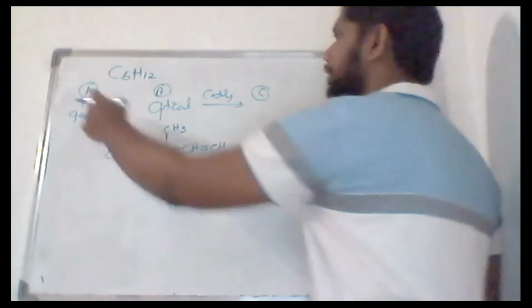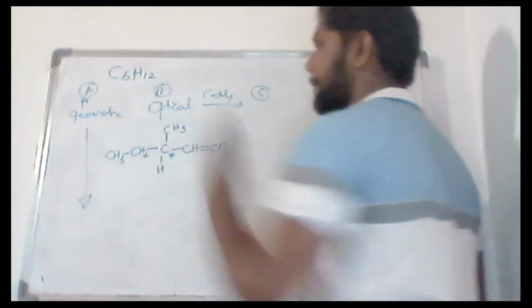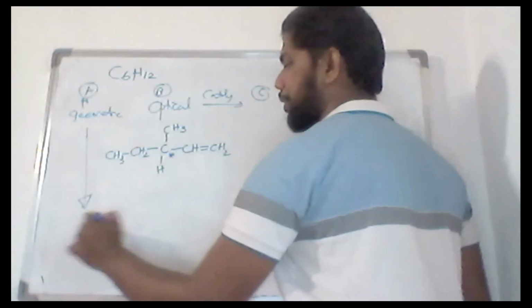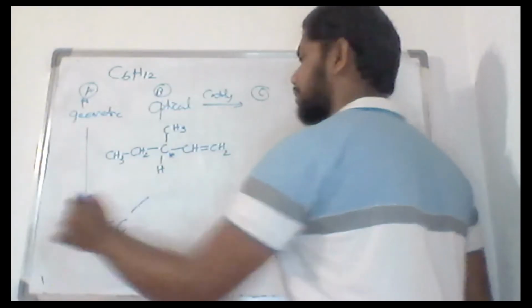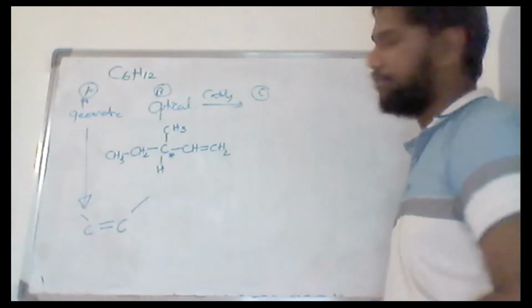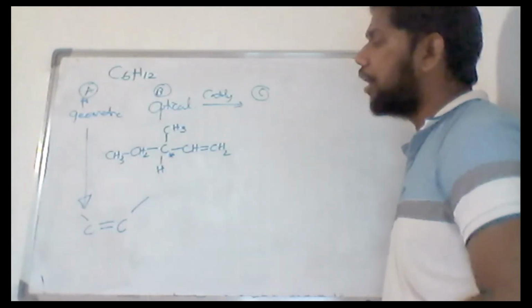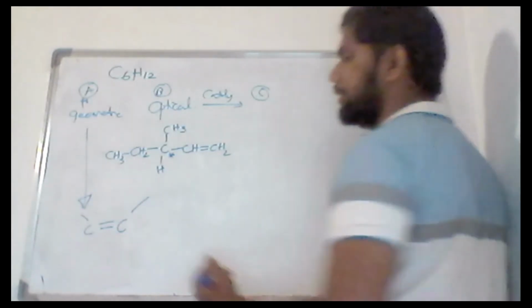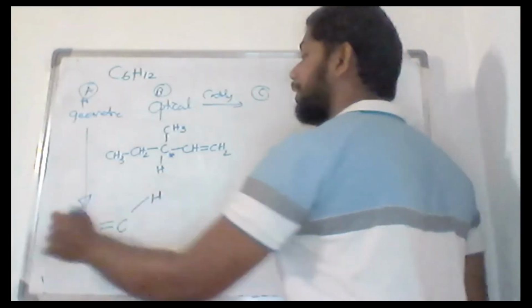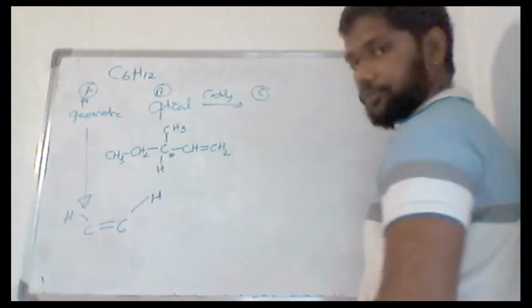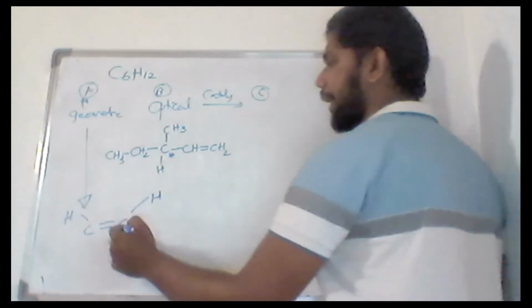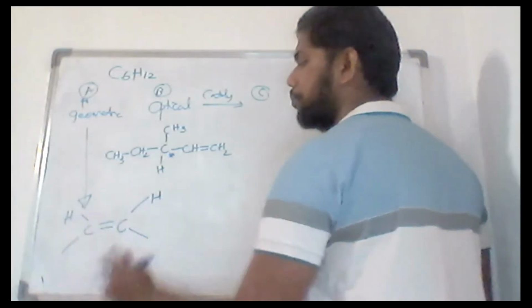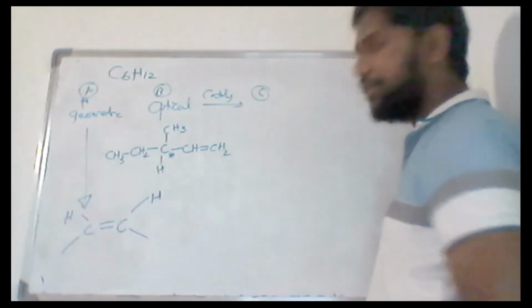And then we will try with the geometrical one. Basically, there should be 2 different groups here in the carbon. Let's say it is hydrogen, for an example. And then here you need to put another 3 carbons principally.